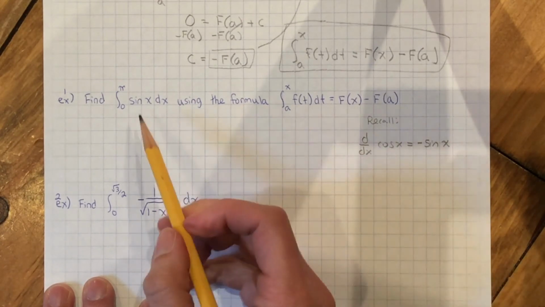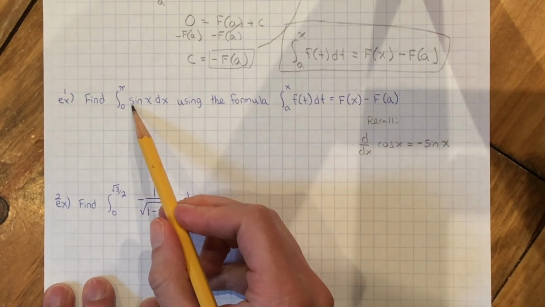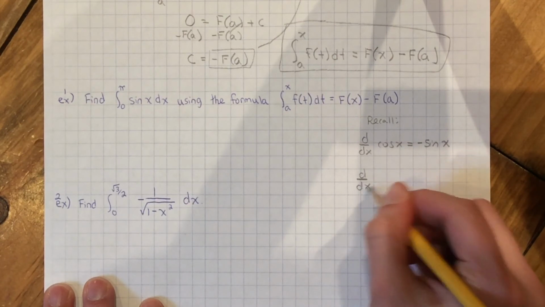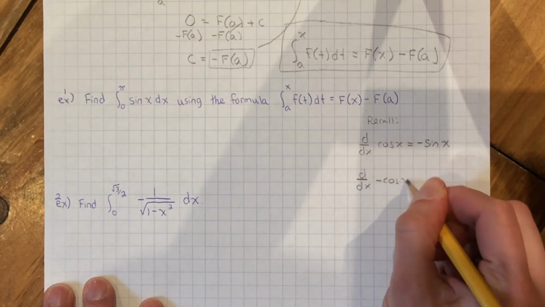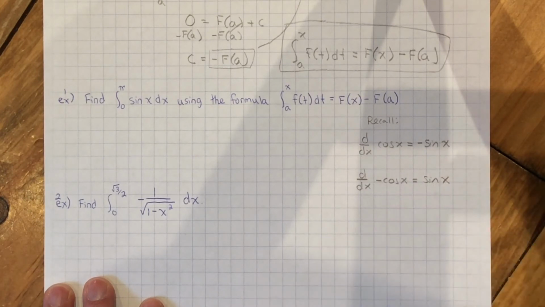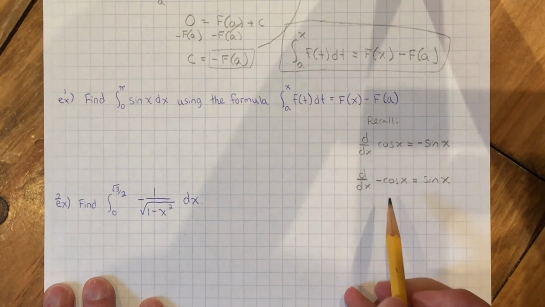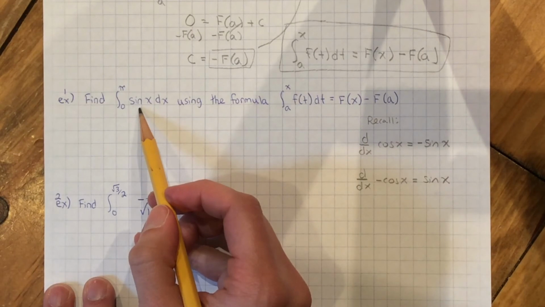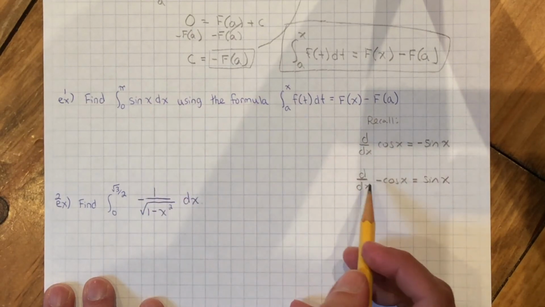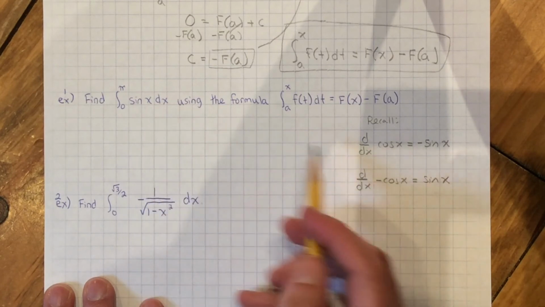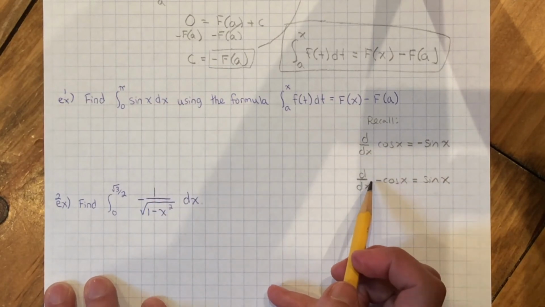Well, I don't want negative sine x, I want positive sine x. So the derivative of negative cosine of x will give us positive sine x. So what we're looking for is, what can we take the derivative of to get this function? That's called the antiderivative. So the antiderivative of sine of x is negative cosine x.